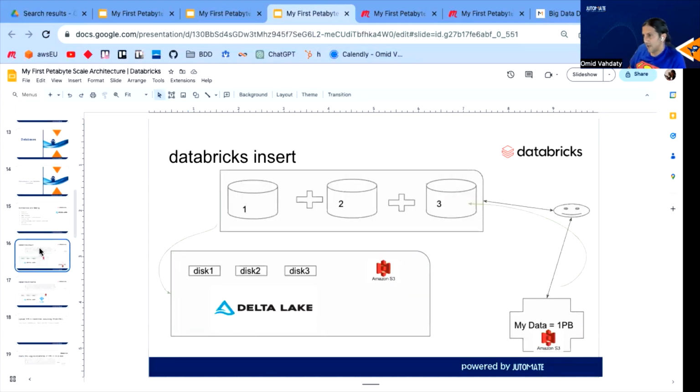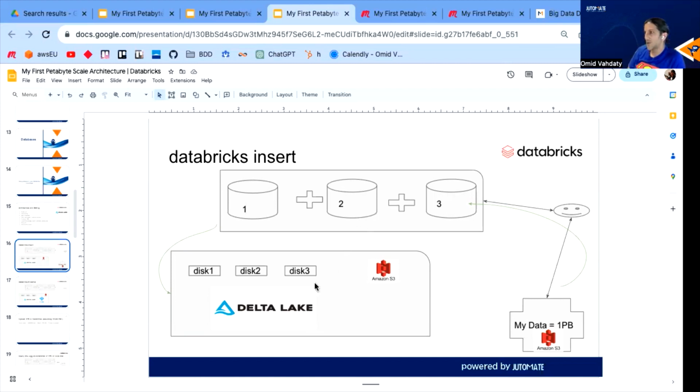In terms of data flow, assuming AWS just to keep everything a little bit interesting and keep switching things up. If this is your 3-node cluster of Databricks, essentially there are 2 ways.